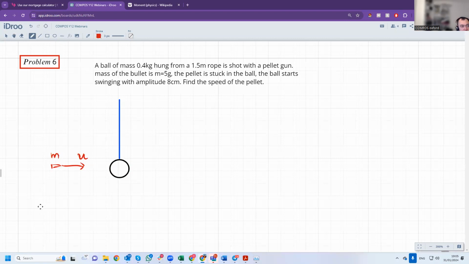The mass of the pellet is m, and it hits the ball of mass M, and as a result, the pendulum starts swinging. We are given the amplitude of the swing. The amplitude of the swing is 8 centimeters. The length of the rope is 1.5 meters. And the mass is 0.4 kilograms. Okay, so happy with that?